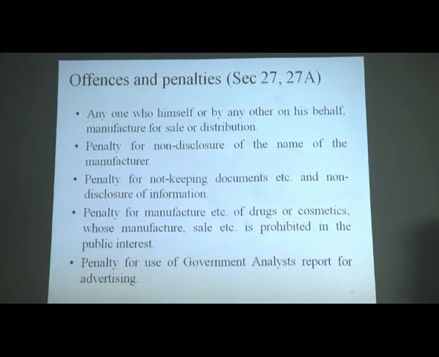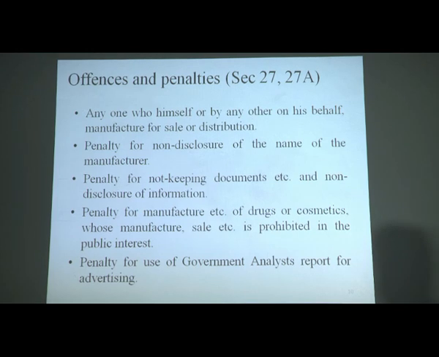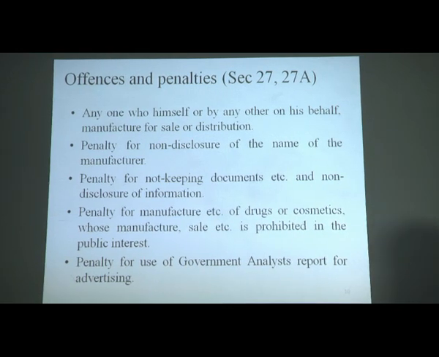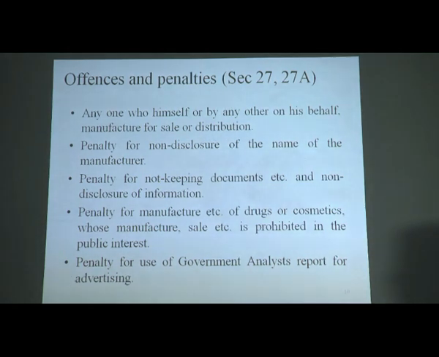If any person has any active ingredients or drug material whose manufacturer is not disclosed to the drug inspector, in that case the person is subjected to penalties of not less than 1 year of imprisonment with a fine. Then penalty for not keeping documents, etc., and non-disclosure of information. Any person who fails to maintain documentation as well as records will be subjected to punishment of not less than 1 year, which may extend to 2 years, with a fine of not less than 1,000 rupees.